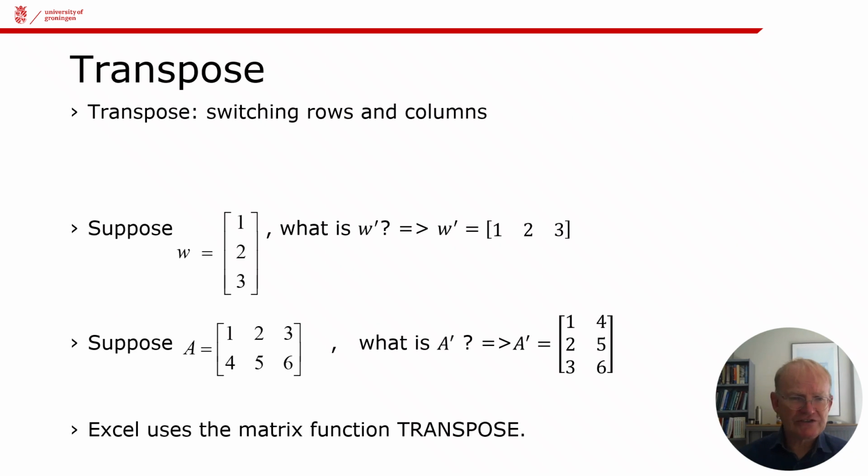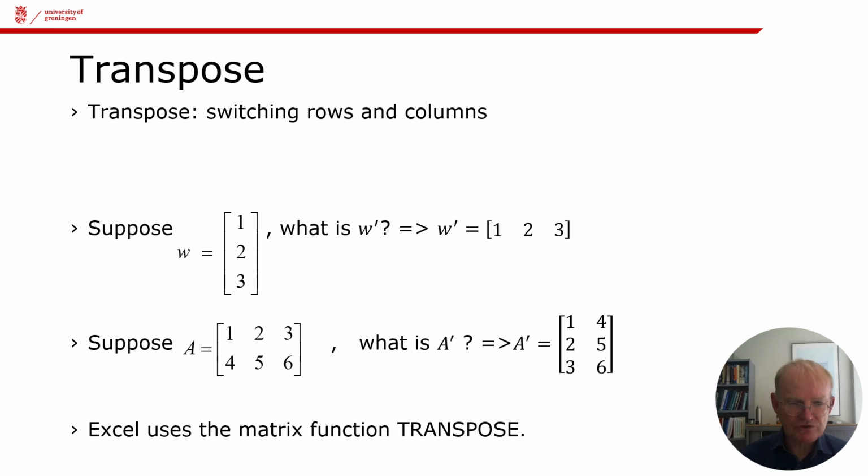Now I'm going to discuss a few functions or commands or operations, whatever you want to call it. And the first one is the transpose function. This is something you can do in numerous ways, but in the Excel framework you use the transpose matrix function. And that switches rows into columns.